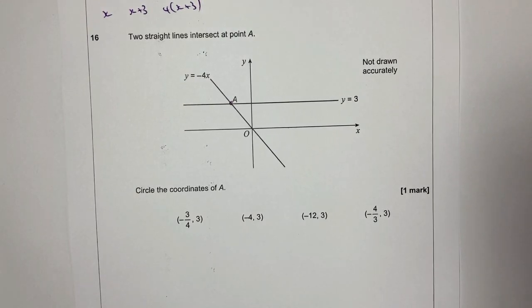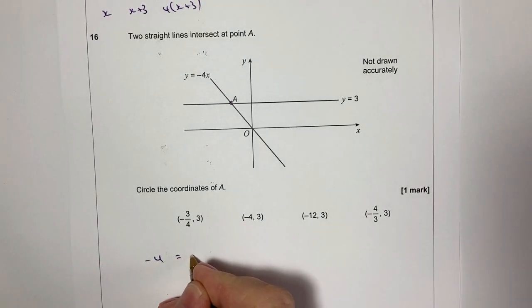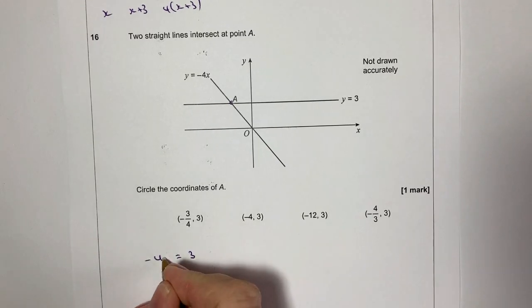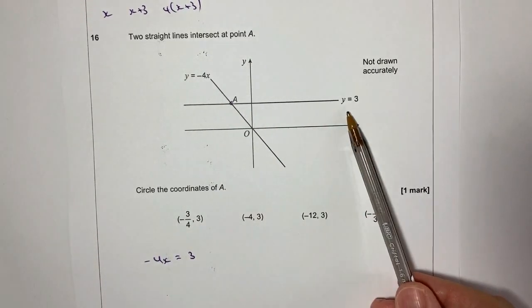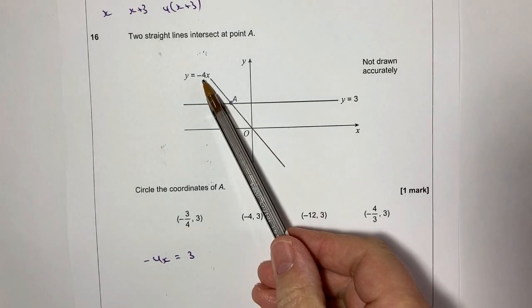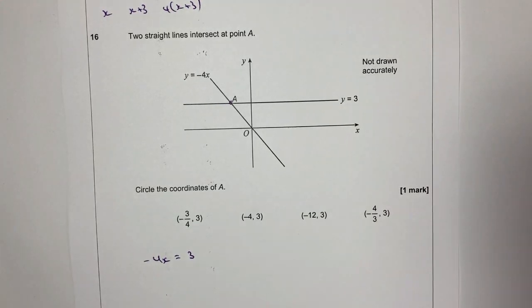Well, it's one of those sort of tricky questions, I guess, because what we're saying is that y equals 3 and y equals minus 4x. So we could, if we want, write minus 4x equals 3, because they both equal y.